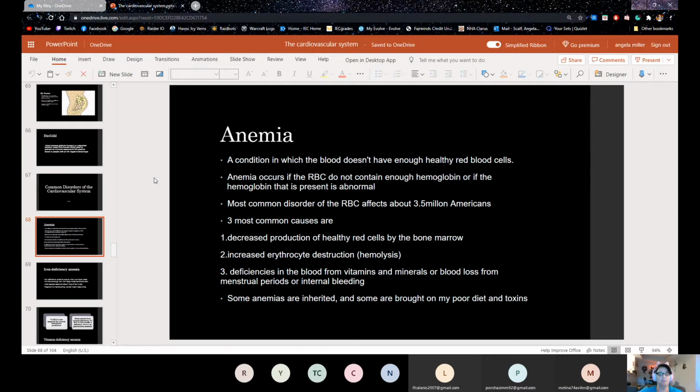So real easy, easy notes 101. And if there's not enough RBCs, then that means there's not enough little hemoglobin carriers, right? Because that's what carries our hemoglobin around.